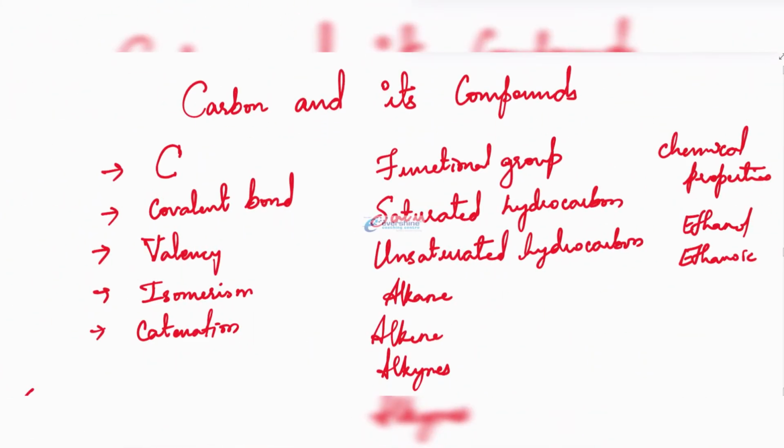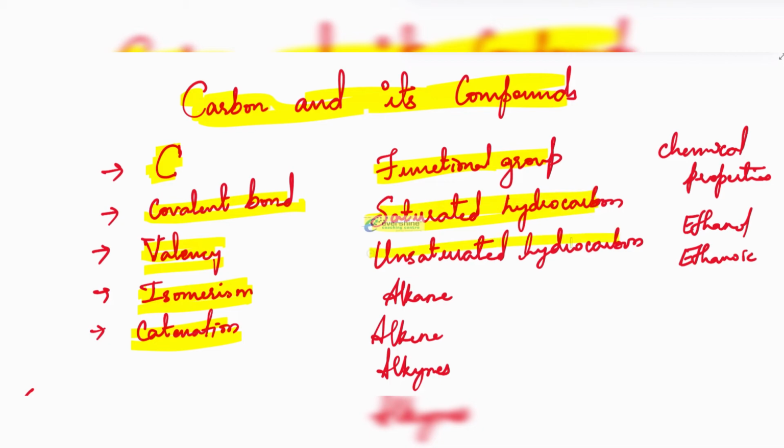So our next lesson is carbon and its compounds. In this chapter, we should study the property of carbon. We should study what is covalent bond, what is valency, what is isomerism, what is the valency of carbon, what do you mean by catenation, what is functional group, what is saturated hydrocarbon, unsaturated hydrocarbon, and we will study the structures of alkanes, alkenes and alkynes.